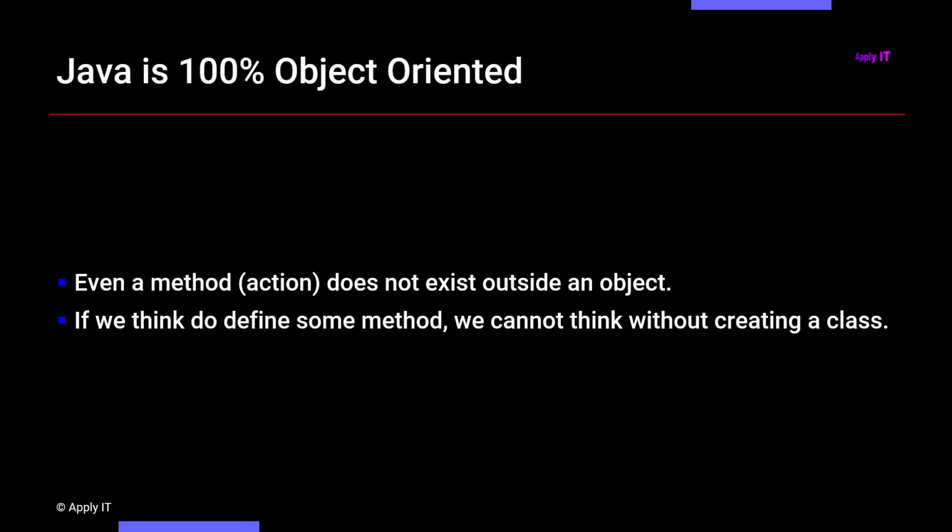Even if you create a method or action, that action or method does not exist outside an object. If you want to define that method, we have to write it inside a class, and you can use that method only after creating objects. So Java is 100% object oriented. Its focus is on object.